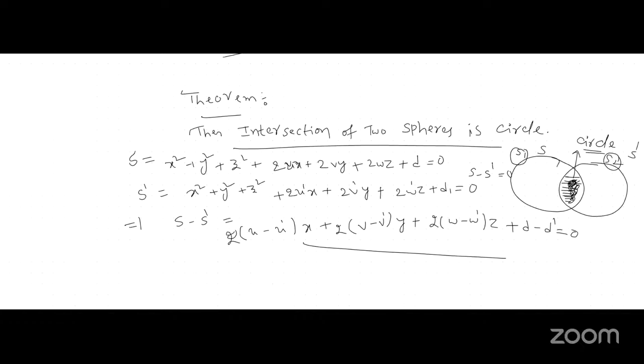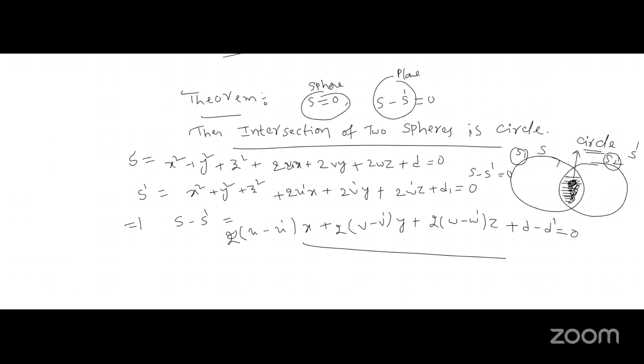But the intersection of S equal to 0 and S minus S dash equal to 0: so this is the sphere and this is the plane. Okay.